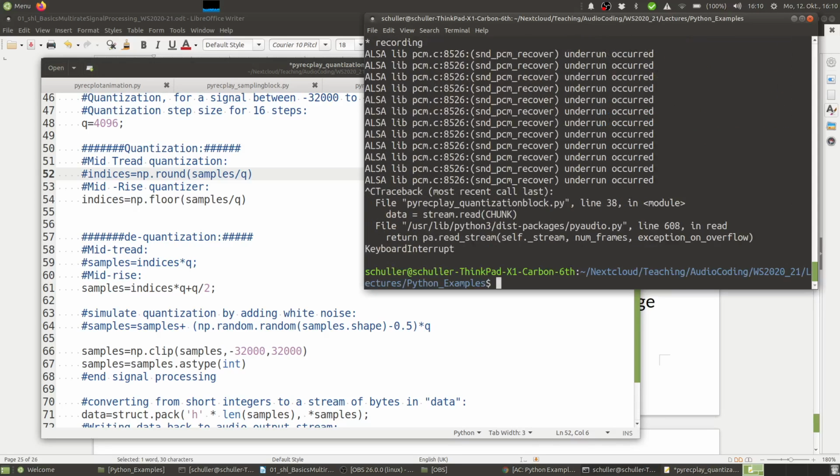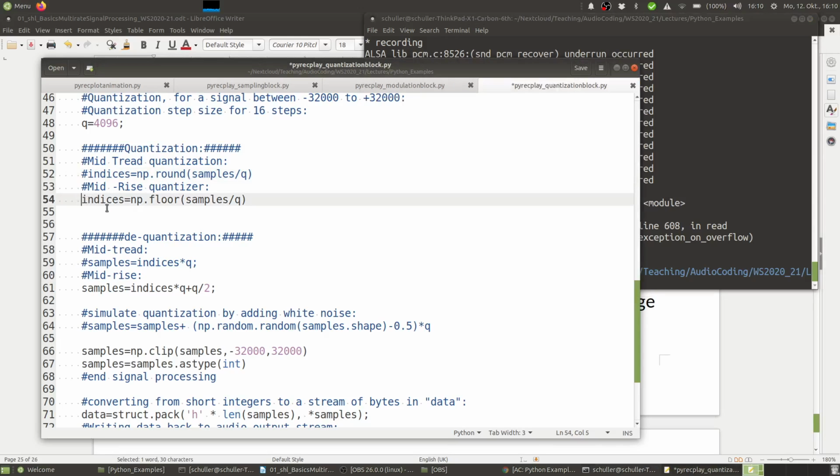So here you could hear that in the beginning there was noise already there, right? And this is because small values, small noise is amplified in this way, right? So that's why usually a mid-tread is used. It leads to less noise and it's easier to encode.